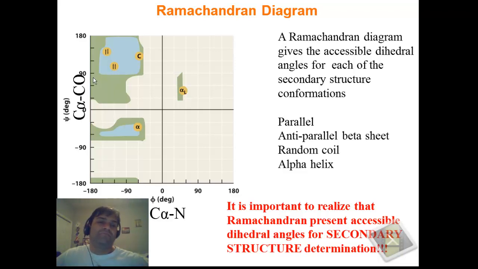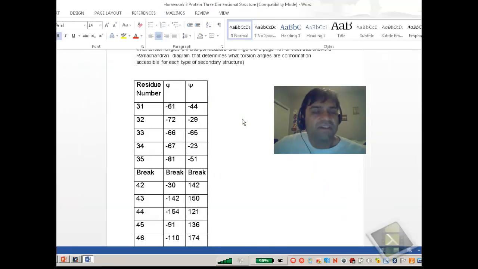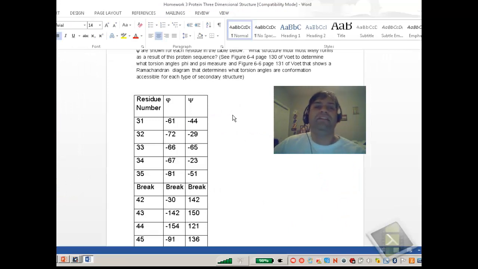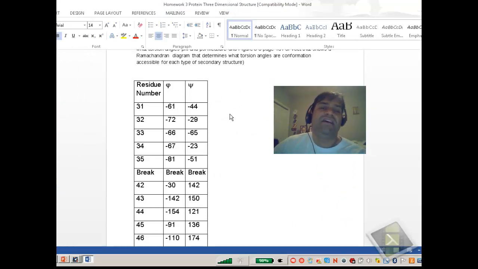So there's a homework assignment, if you look at homework 3. In homework 3, you're actually given a stretch of dihedral angles. Here's your phi angle, and here's your psi angle, and you're given the primary amino acid sequence number.